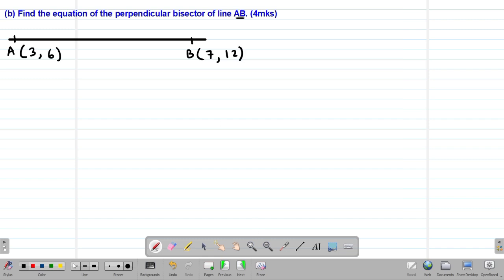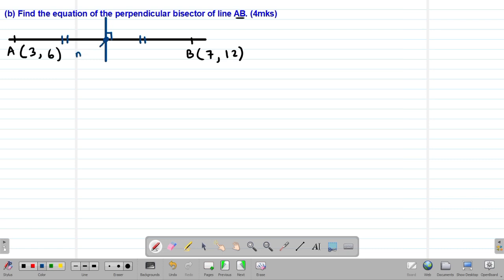Now, when you are told to find the equation of the perpendicular bisector, remember a perpendicular bisector will subdivide the line AB into 2 equal parts, such that this angle is 90 and this distance will always be equal to this other distance. Therefore, the point of intersection of the perpendicular bisector with the line AB will be the midpoint of the line AB.